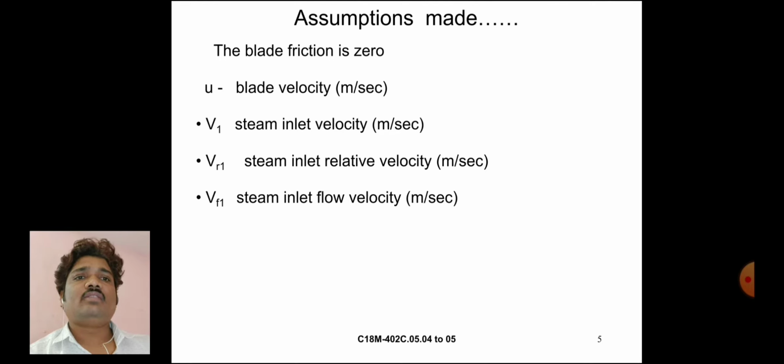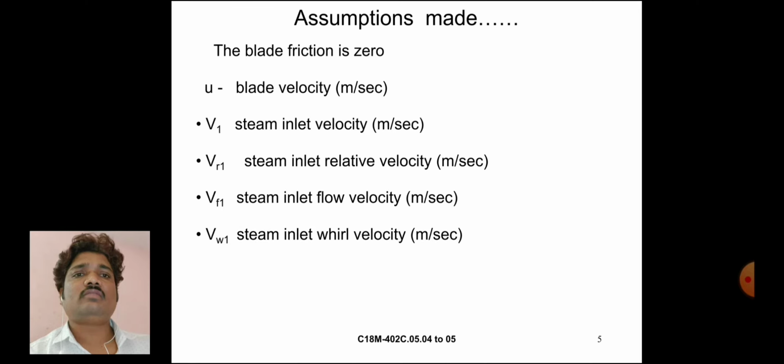VF1 is the steam inlet flow velocity, meters per second. VW1 is the steam inlet whirl velocity, meters per second.